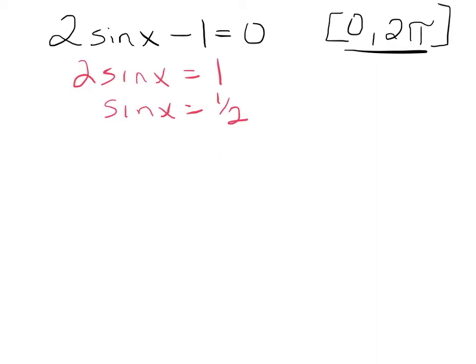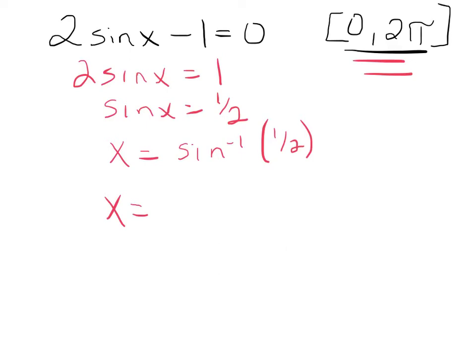Okay? So now how do we get the variable by itself? Well, we take the inverse of both sides, which means that x would be the inverse sine of positive 1/2. And remember, what that means is that the sine of some angle is going to be 1/2. And what is that angle? Since we're talking about the restriction of between 0 and 2 pi, what angles in the first rotation of the unit circle had a sine of 1/2?